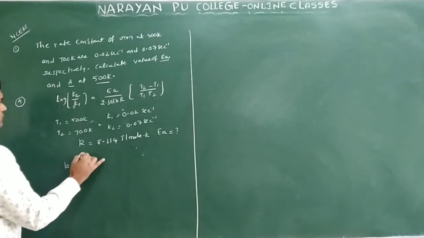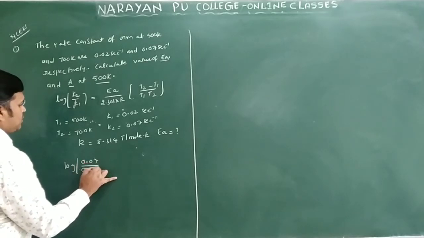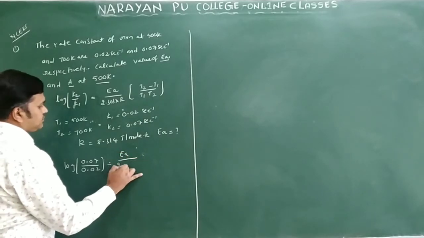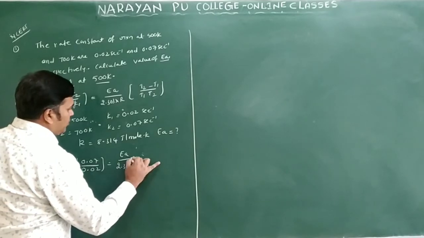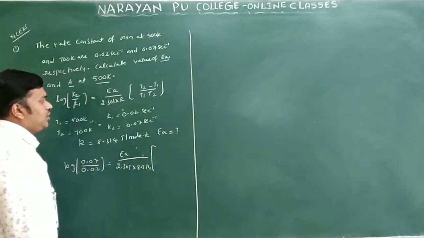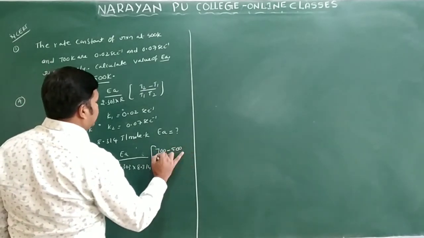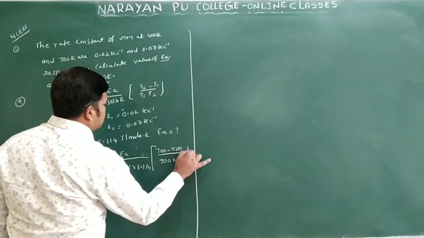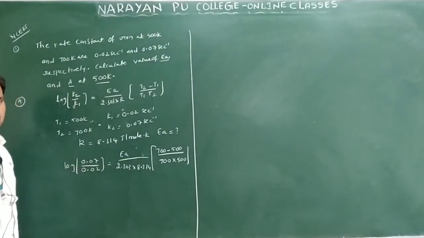This is log of 0.07 by 0.02 is equal to EA by 2.303 into 8.314 into T2 minus T1, 700 minus 500, by 500 into 700. Now 0.07 by 0.02, can you say 7 by 2? 7 by 2 is 3.5.